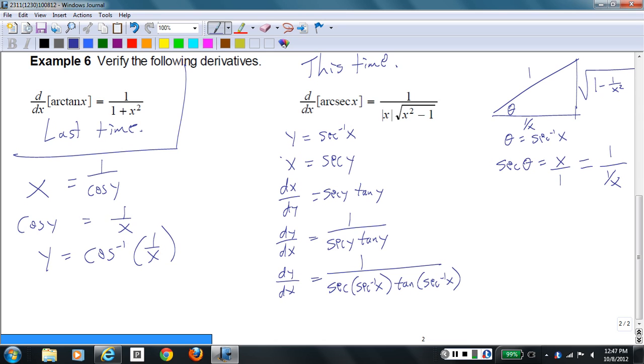So the tangent is going to involve that opposite side. So it's kind of important. So the tangent of theta is equal to the opposite side divided by the adjacent side, which is equal to x times the square root of 1 minus 1 over x squared.